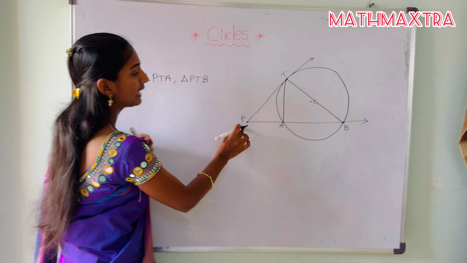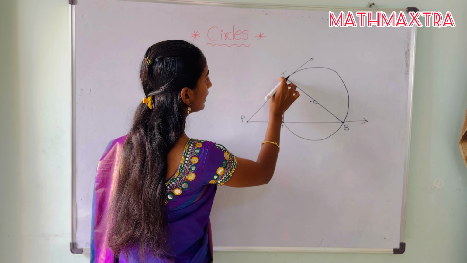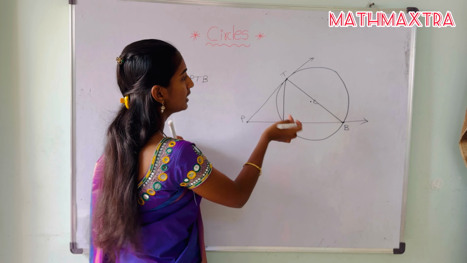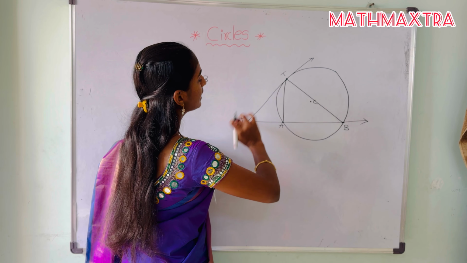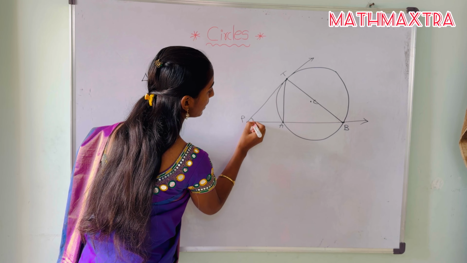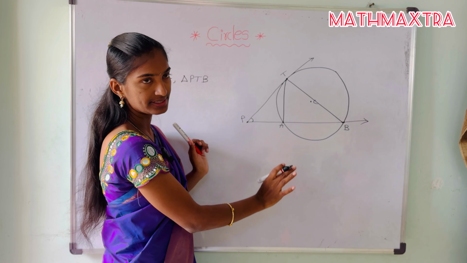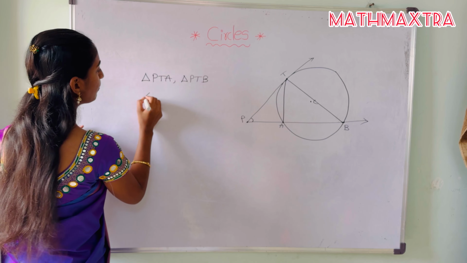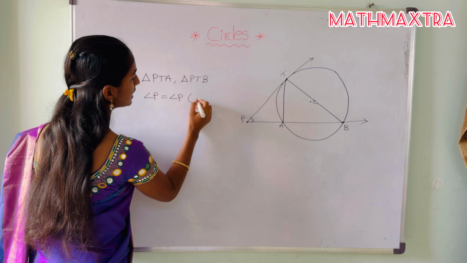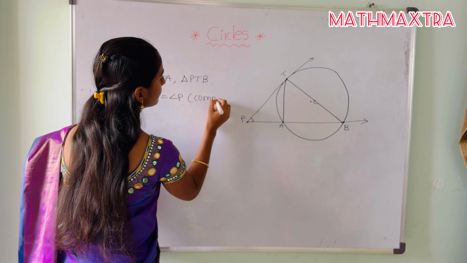See the angle P in triangle PTA is equal to the angle P in triangle PTB, isn't it? Because this is a common angle to both the triangles.